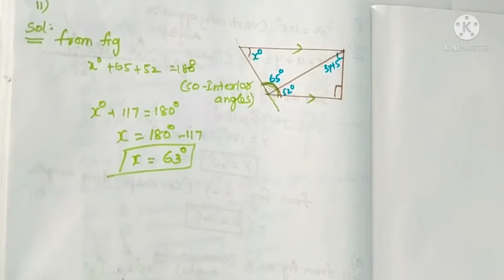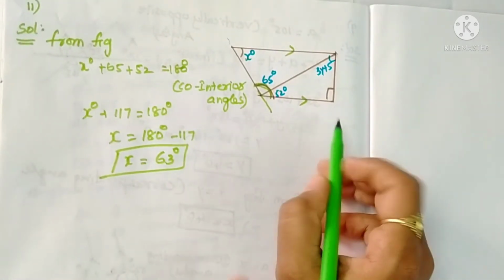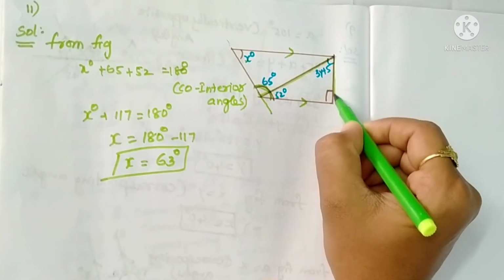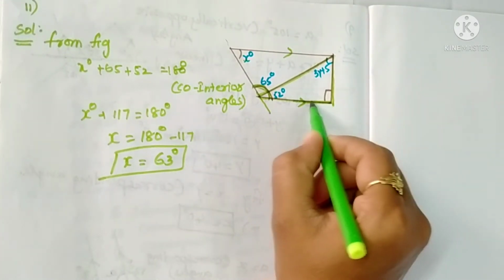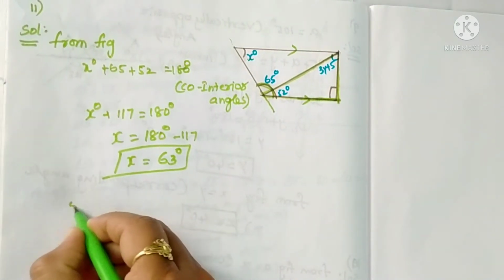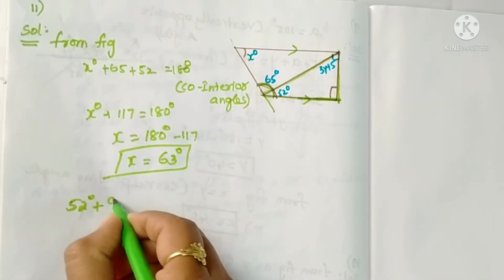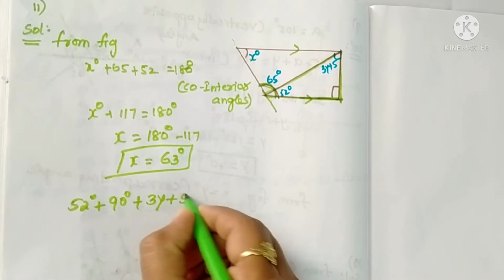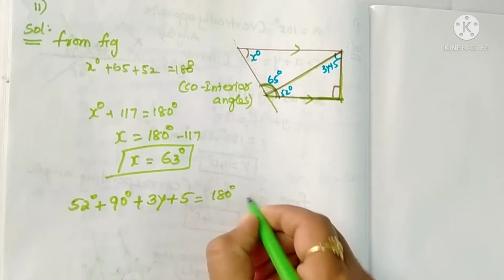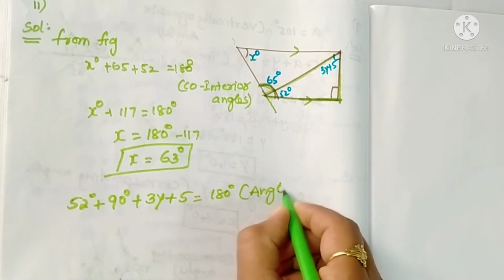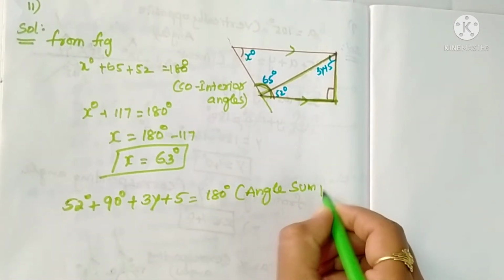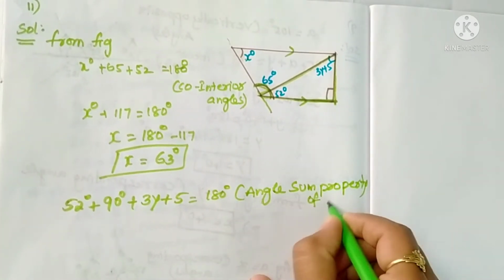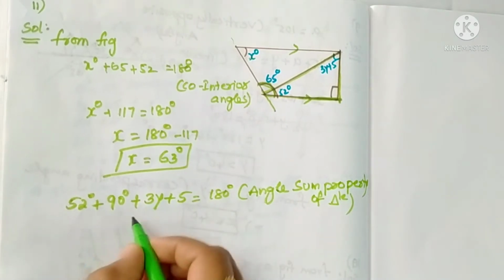63. Next, coming to y, this is a right angle triangle, right? In a triangle, the sum of all the three angles is equal to 180. So y: angle sum property of triangle.